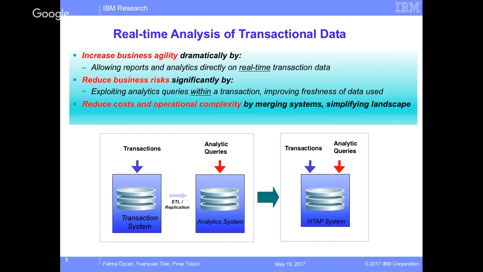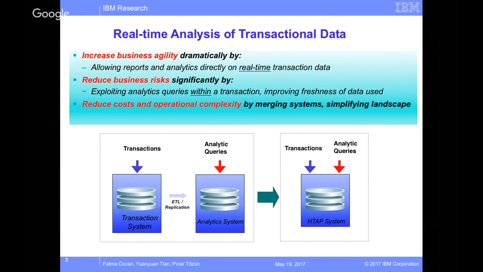This model works reasonably well, but the main problem, and the reason there are two separate systems, is because they are configured differently, as we just saw. They have different characteristics, different workloads, and you don't want to mix them if you want high throughput for both.